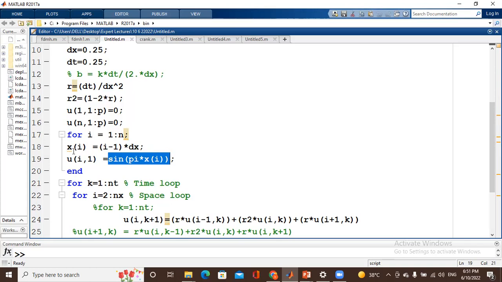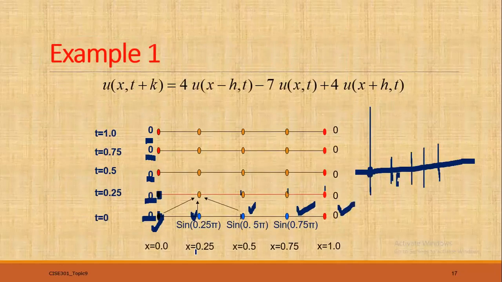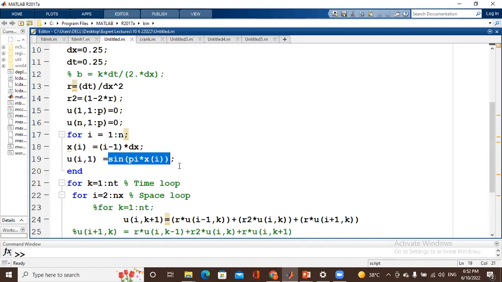I equal to 2, then x2 is dx, 1 by 4, so sine pi by 4, then sine pi by 2. Similarly, we get sine 0.75 pi. Sorry, 0.75 pi. And the last one is sine 1, okay, sine pi. So we write this function.